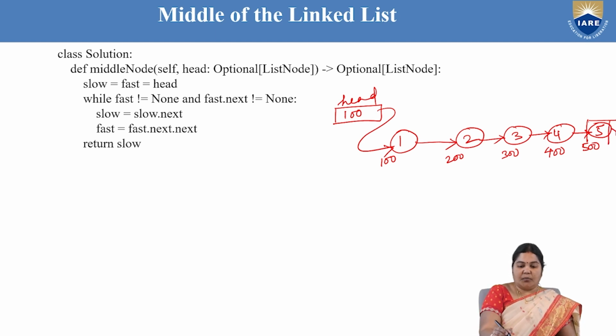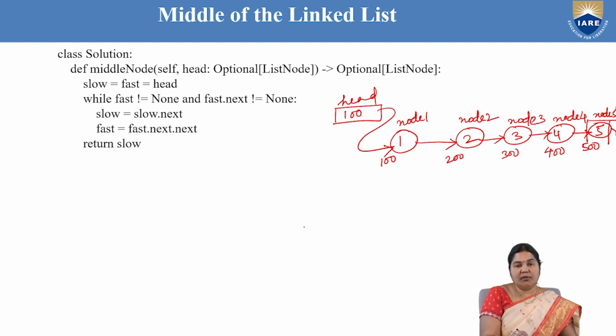So this is your node 1, this is your node 2, this is your node 3, node 4, and so on, node 5. There are 5 nodes, right? Now, without disturbing the head pointer, we will take the slow and fast pointer approach, where slow is a pointer and fast is a pointer.